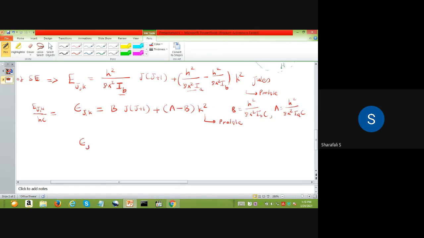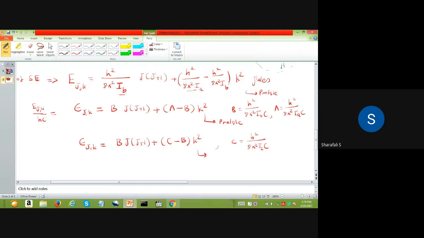And if you calculate for the oblate case, then we'll have epsilon j equal to B into j plus 1, plus here we'll have C minus B instead of A minus B, times k square, where C will be equal to h square by 8 pi square IC into C. So these are the energies for the cases of prolate and oblate.